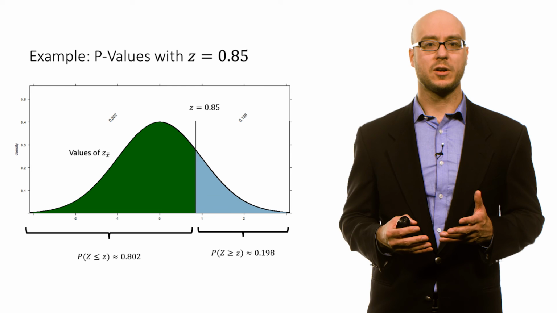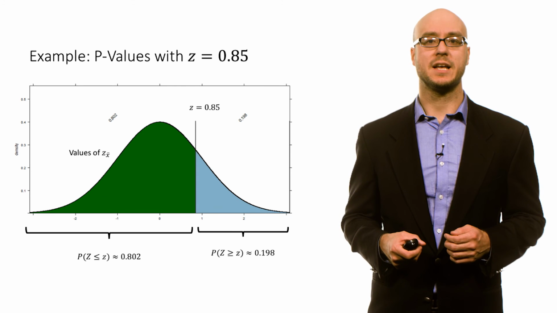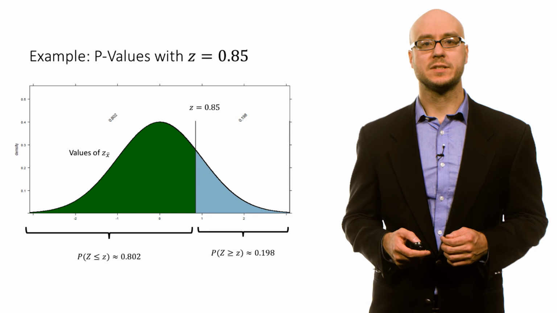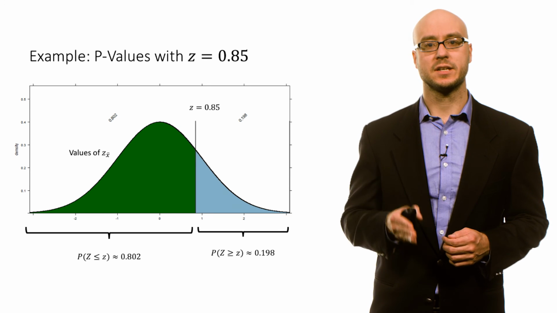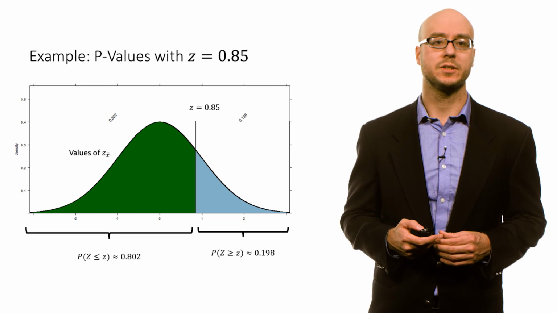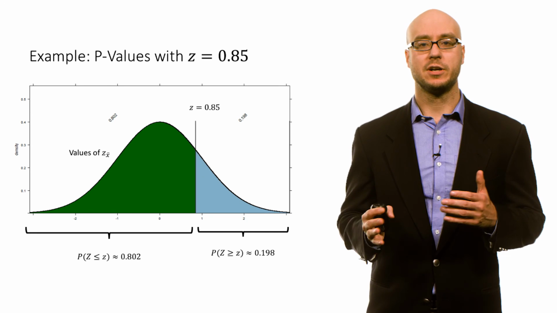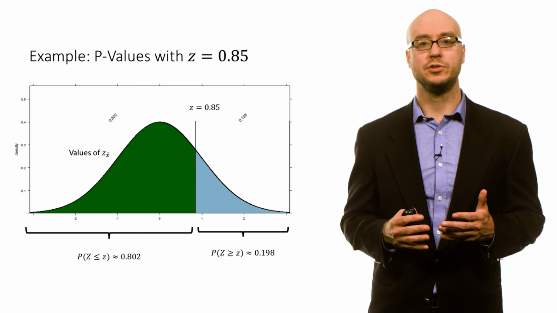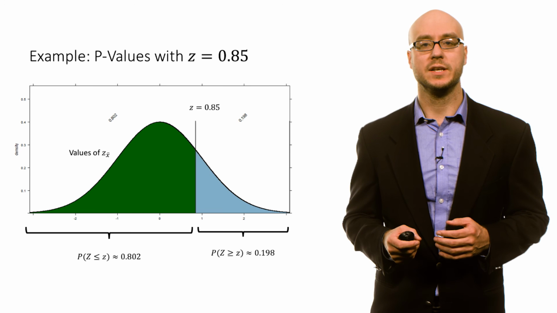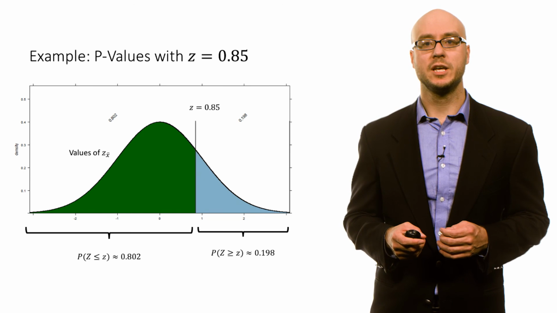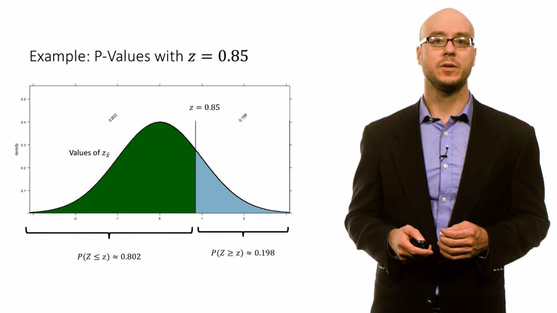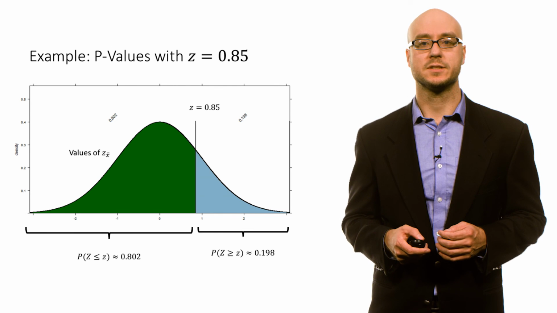So here we are going to examine p-values with a z-test statistic of 0.85. We can see that our z-test statistic lies right here on this model of the sampling distribution. And we can chunk off the distribution in these two areas. We can find the probability of a z-test statistic less than or equal to 0.85 and also approximately greater than or equal to our z-test statistic.